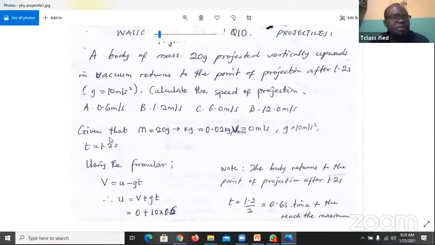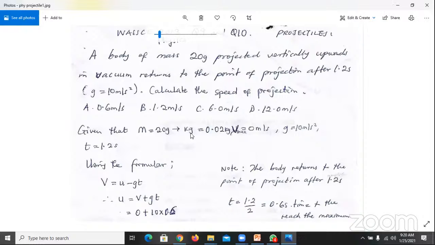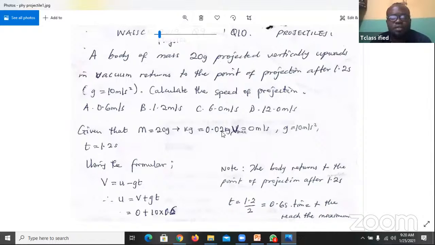Okay. So first of all, whenever you're given a problem like this, the first thing you do is get down the parameters that are given. You are given mass, which is 20 grams, and it's good to convert it to kilograms. So you divide by 1,000, which gives you 0.02 kilograms.